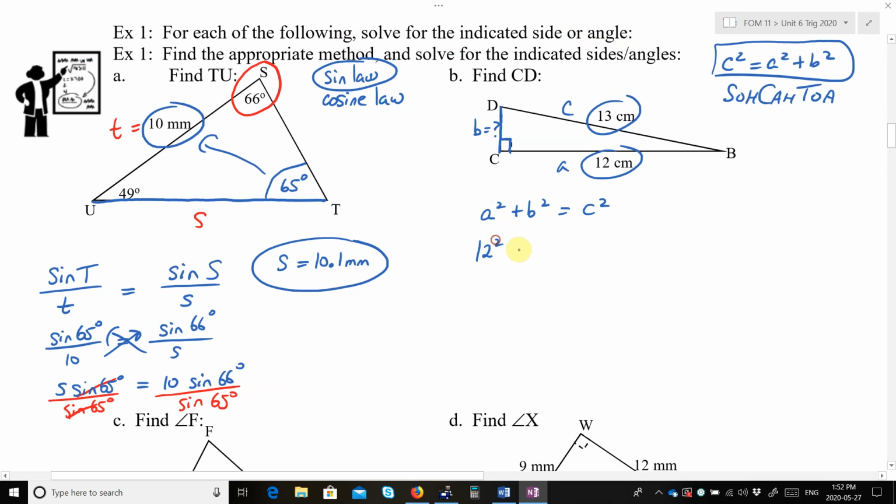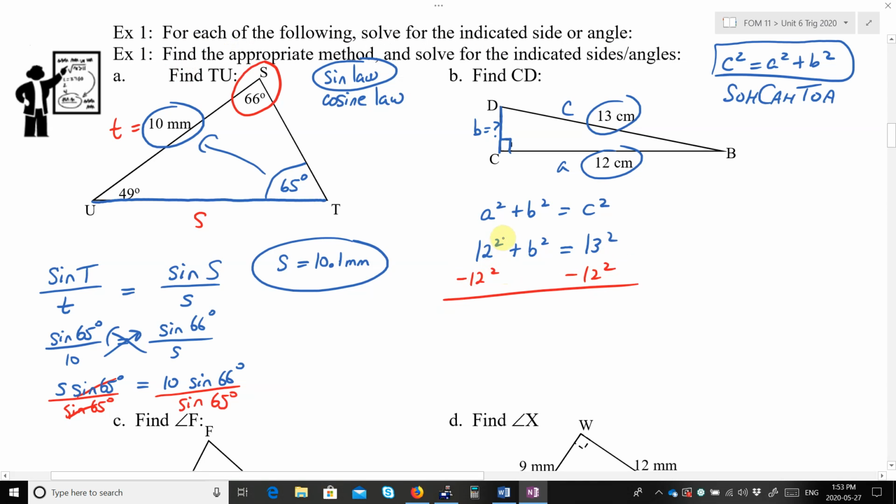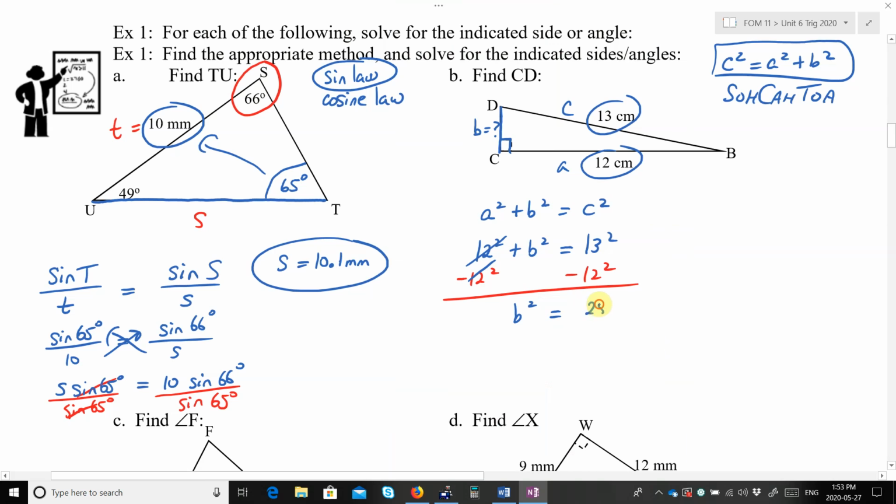A is 12, so I'm going to go 12 squared plus b squared is equal to 13 squared. And subtract 12 squared from both sides. And we end up with b squared equals 13 squared minus 12 squared, and we get 25.